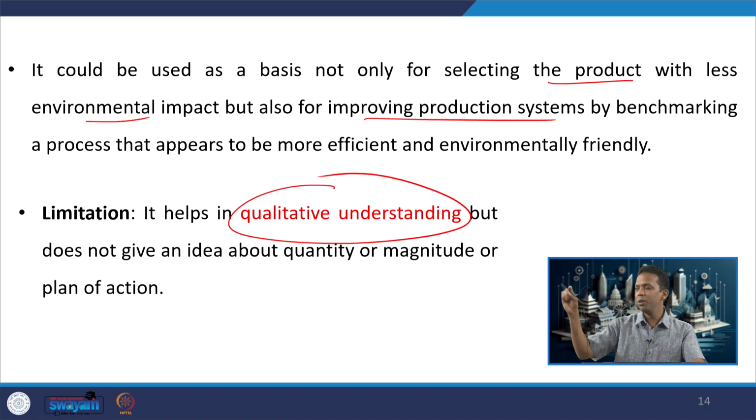Like if we know this is the solution that we aim to reach, and these are the ways by which we can achieve that solution, then let us compare different ways on different bases. So, that qualitative understanding can be there, but what is going to be the plan of action and what that plan of action will involve is not given by the fishbone diagram. So, that is the limitation.